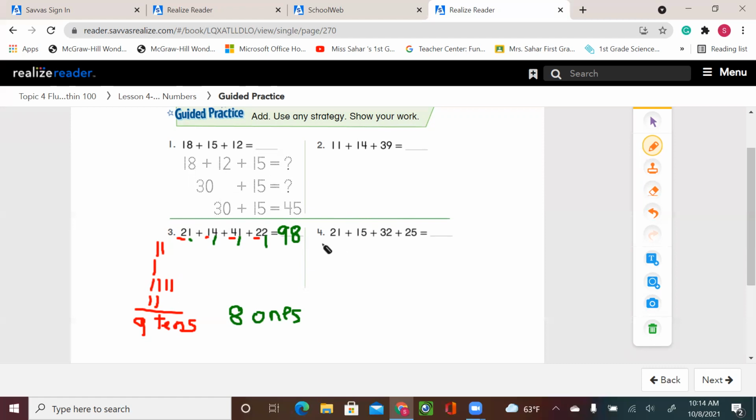All right. Number 4, 21 plus 15 plus 32 plus 25. I think this is easy. If I change the order of my 2 addends, I know that 5 plus 5 is going to be 10. So that's easy for me to do. So let's write it in the right order.